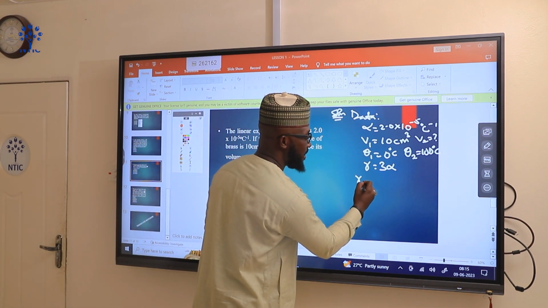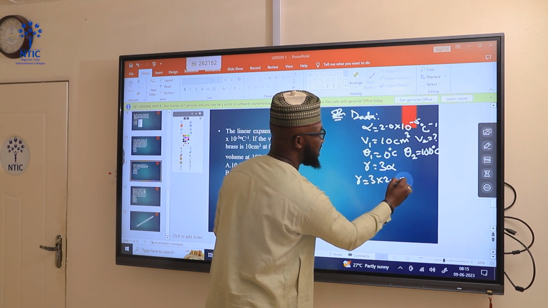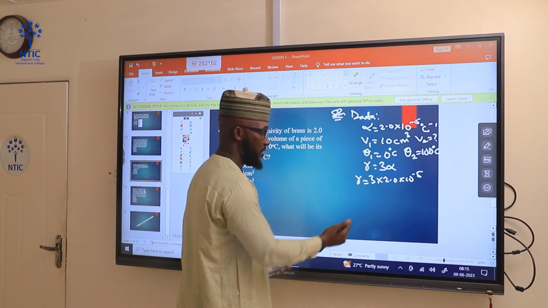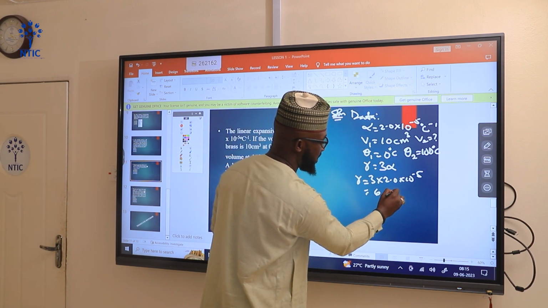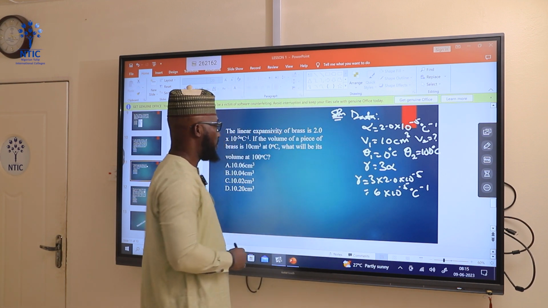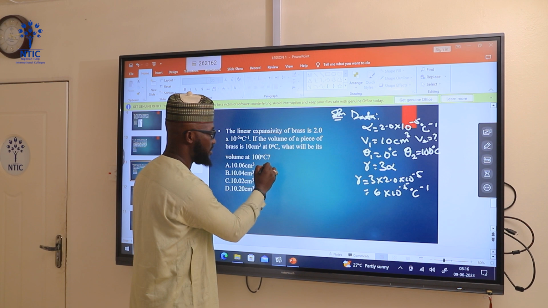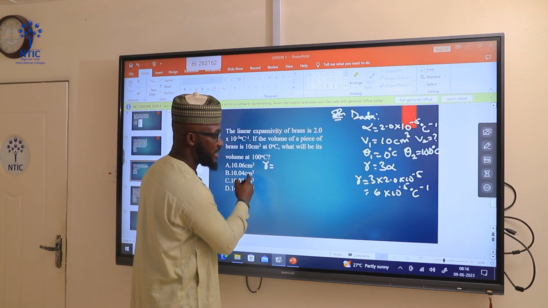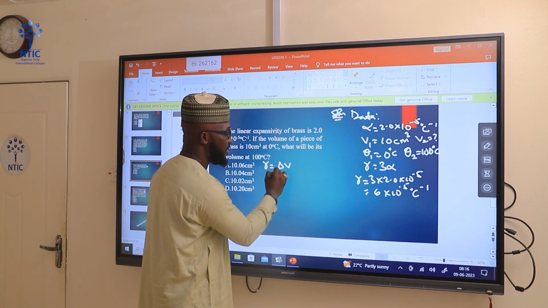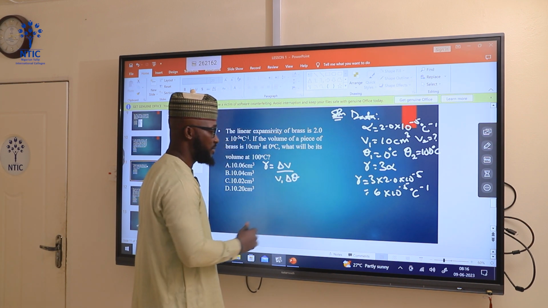So therefore, volume expansivity is 3 times 2.0 times 10 to the power of minus 5. From here directly we have 6 times 10 to the power of minus 5. The unit remains the same. So therefore, in order to look for V2, remember, volume expansivity equals change in V over V1 times change in theta, the difference in temperature.